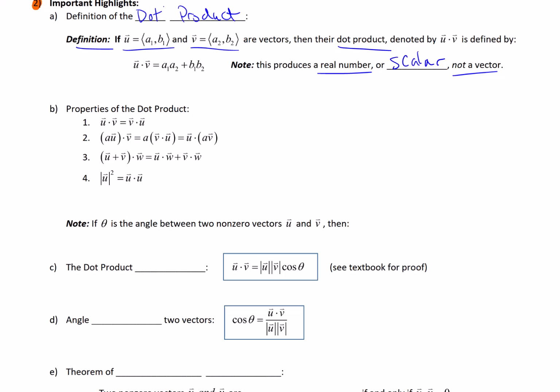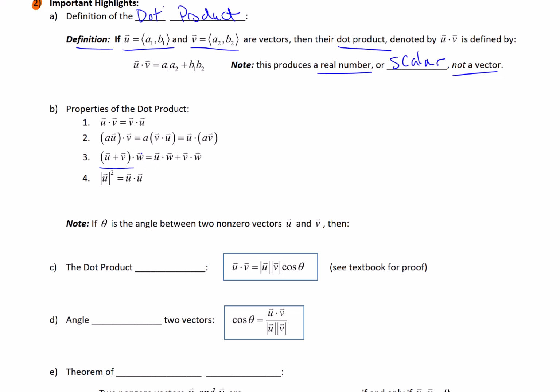If we go to the third one, then this looks like the distributive property, actually. If you have grouped vector u plus vector v in parentheses, and then a dot after that with vector w, you're taking the grouped sum of vectors u and v and dotting it with some other vector w.